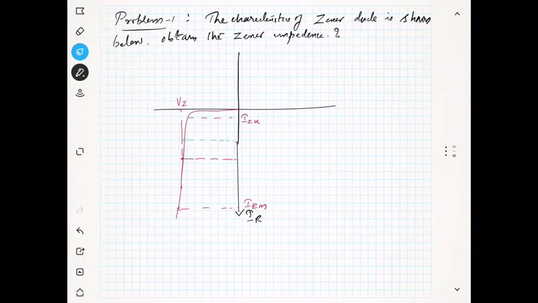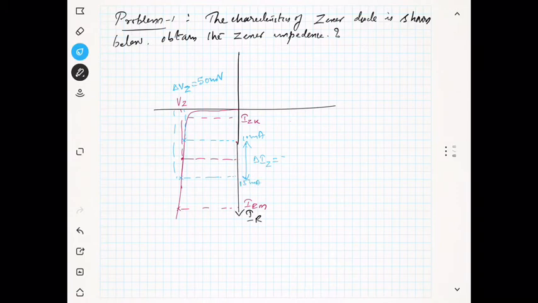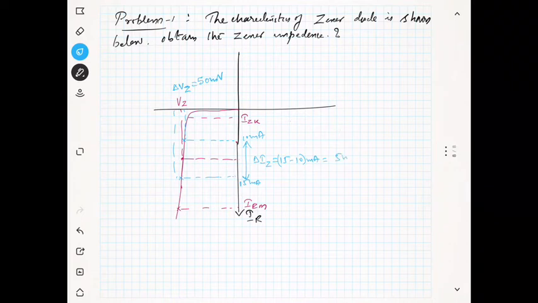That means you have a delta Vz which is equal to 50 millivolt, and a delta Iz which is varying from 10 milliampere to 15 milliampere. So delta Iz is nothing but 15 minus 10 milliampere, which is equal to 5 milliampere.